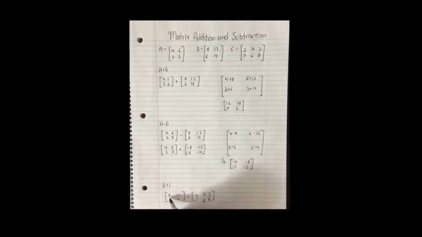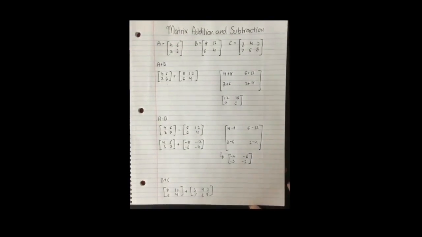I would add up 8 and 3, 12 and 4, but I don't have a value to add with the 2 or a value to add up with the 8. So basically you can't add or subtract matrices which don't have the same dimensions, or in other words the matrices that don't have the same number of rows and columns. So that's basically it on how you add matrices and how you subtract matrices.